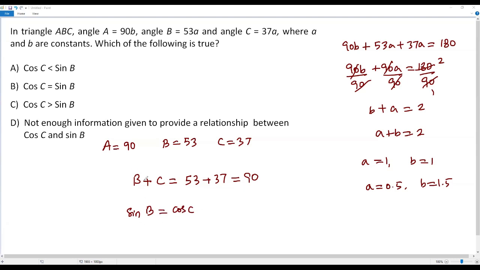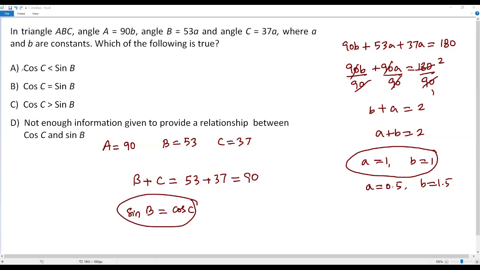So sine B and cosine C must be equal. For this particular case, when a equals 1 and b equals 1, we get the result sine B equals cosine C.